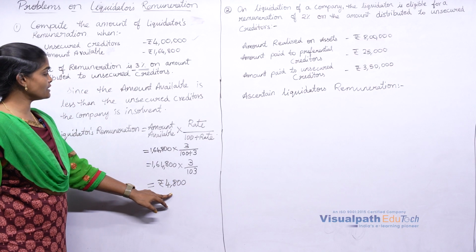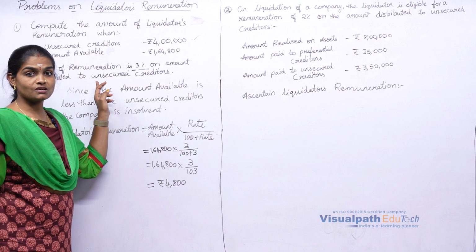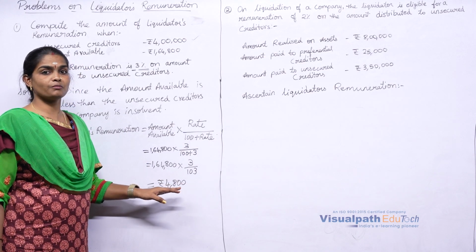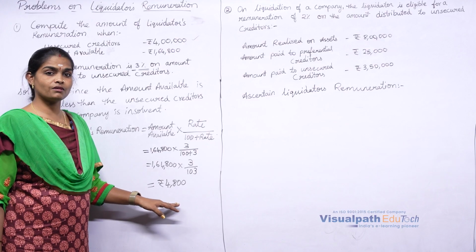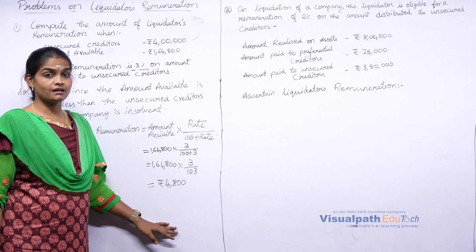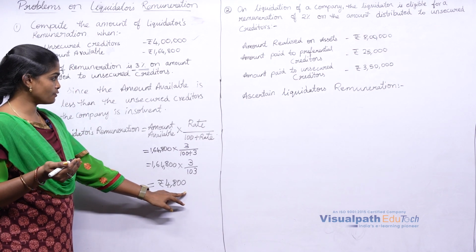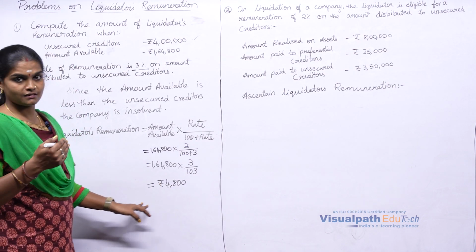So this 4,800 is the liquidator's remuneration. After we deduct the remuneration from the amount available, we pay the creditors. Later, at last, we will pay the shareholders. Clear? So this is 4,800. Next, let us see the next question.